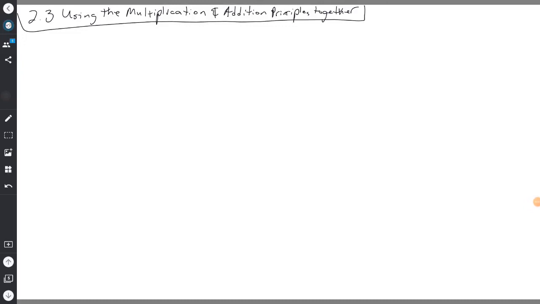So in 2.3 we start to use the multiplication and addition principles together.